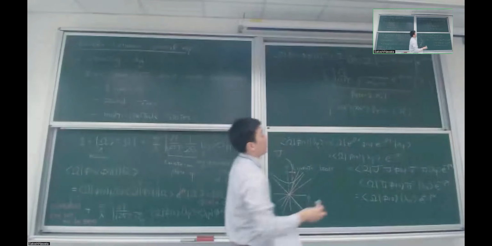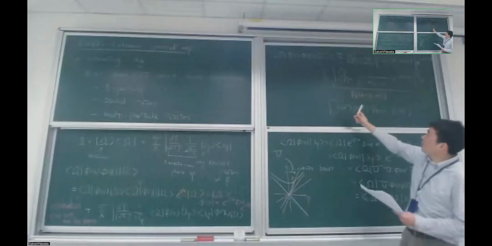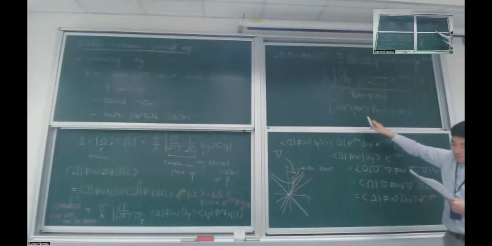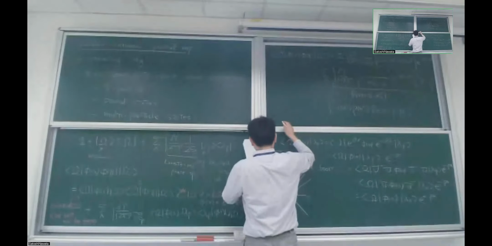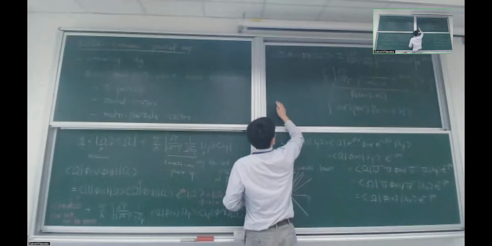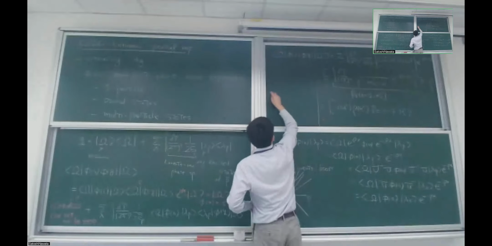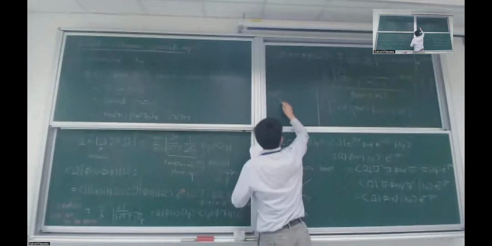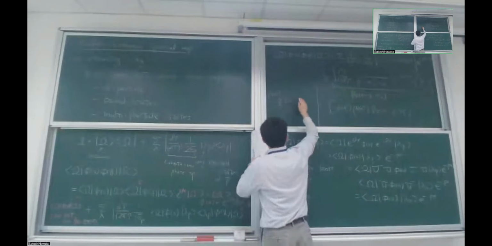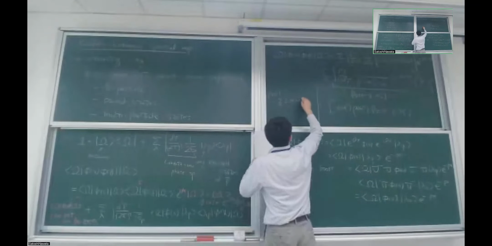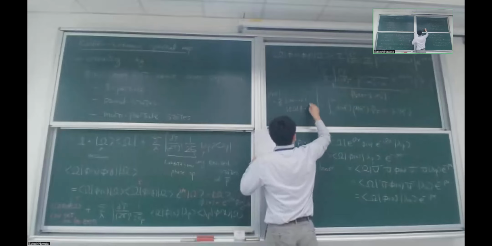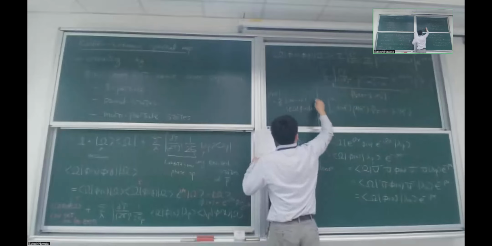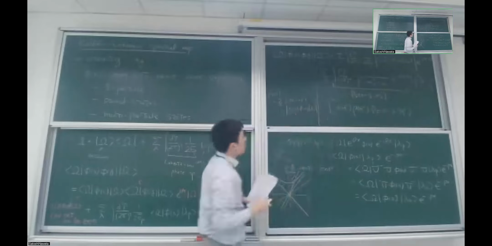If you bring it out of the momentum integral, the cost is this rho of m squared, and rho of m squared can be defined as the sum over lambda of delta of m squared minus m lambda squared times the matrix element of phi of 0 with lambda.